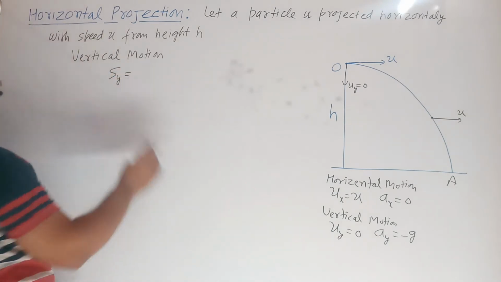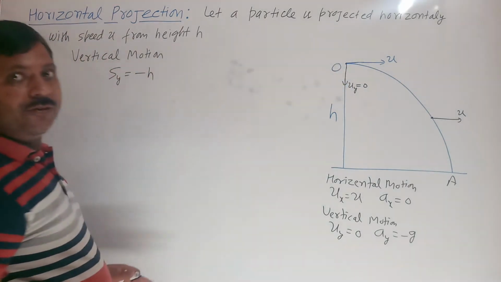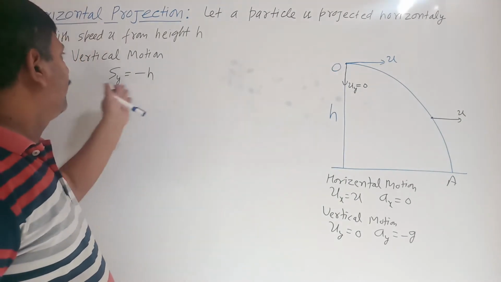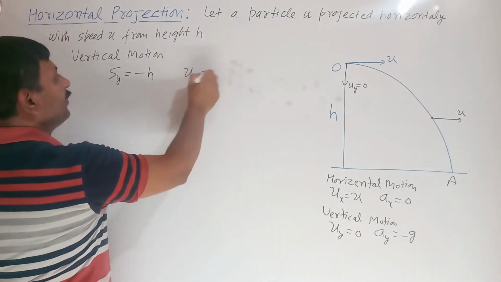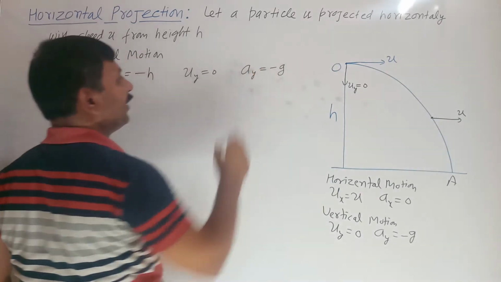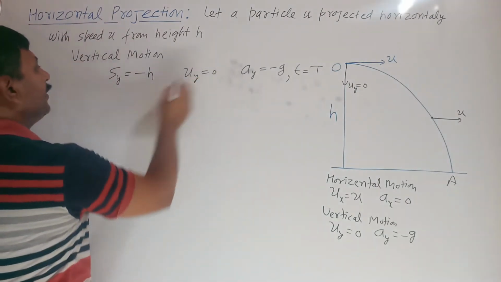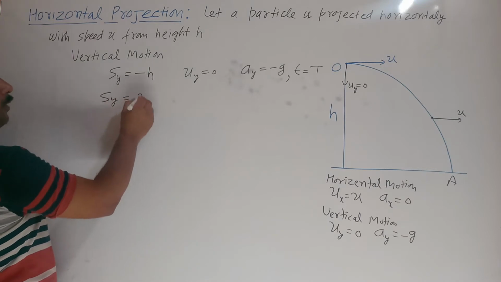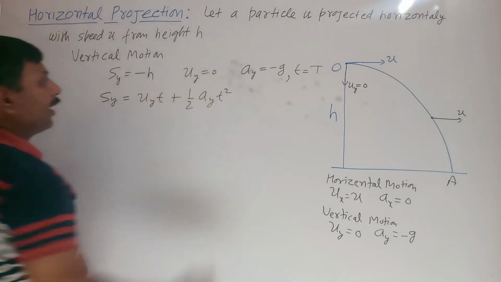Because it is downward from the origin, we take the downward displacement as negative. So Sy is minus h, initial velocity is 0, acceleration ay is minus g, and the time of flight is capital T. Apply the second equation of motion: Sy = uy t + half ay t square.